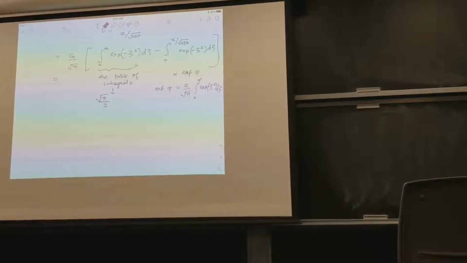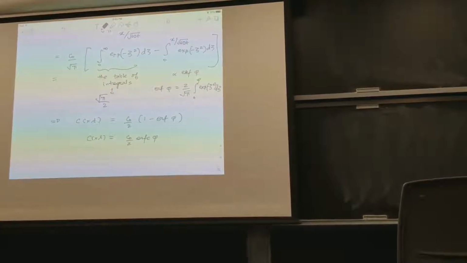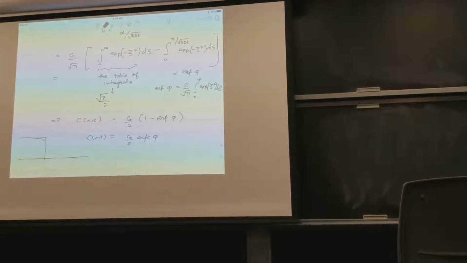So this implies your C of x,t is C naught over 2 times 1 minus the error function, and of course you can also write that as the complementary error function. So if I were to look at the concentration over time, you'll start seeing that it changes the following way.